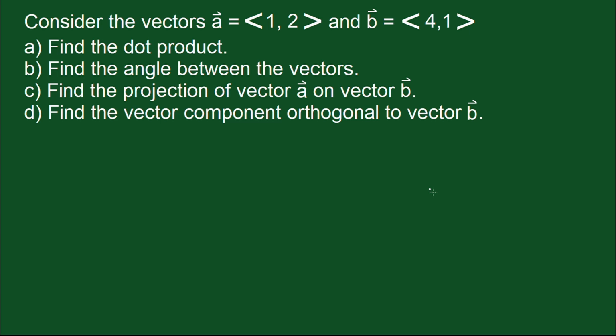Part A. Find the dot product. Okay, so all we're going to do is perform the dot product between these two vectors. Now the way that we do this is really straightforward. All you have to do is multiply the x values, the x components of those vectors, and then we add the y values multiplied together, just like that.